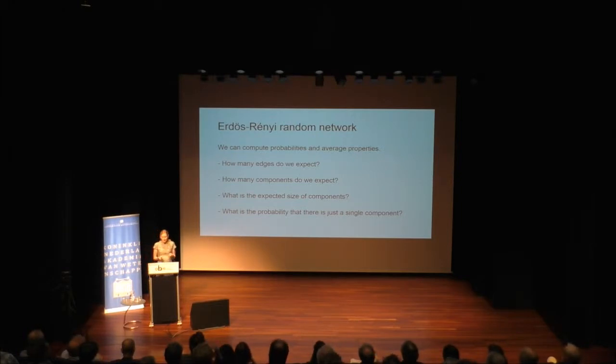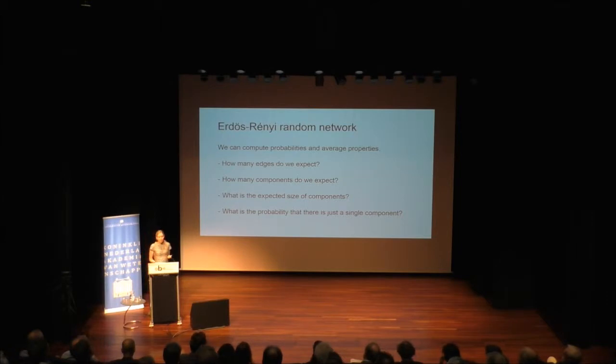But of course, we're not really interested in single instances of these Erdős-Rényi random graphs. We want to know this probability P, and then we want to say something about the expected and average properties. So how many edges do we expect could be a very mathematical question to ask about this model for a certain value of n and P, a number of nodes and probability.